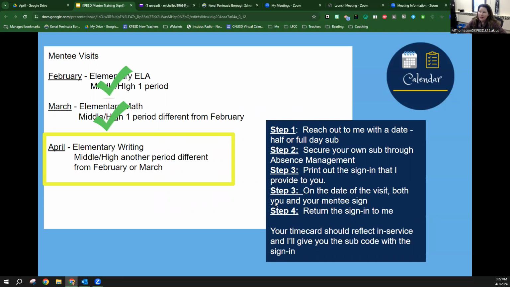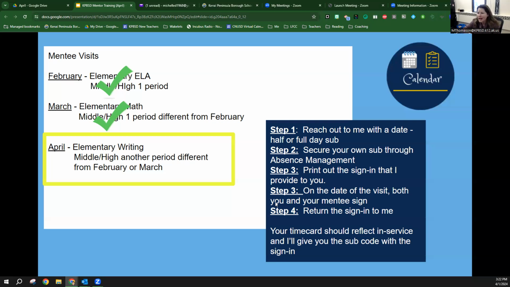So hopefully in February, elementary teachers got to see language arts, and middle and high school teachers maybe got to see one period. In March, elementary hopefully got to see math, and then a different period for middle and high school. Now that we're moving into April, it would be good if elementary teachers got to see writing and middle and high school got to see another different period.